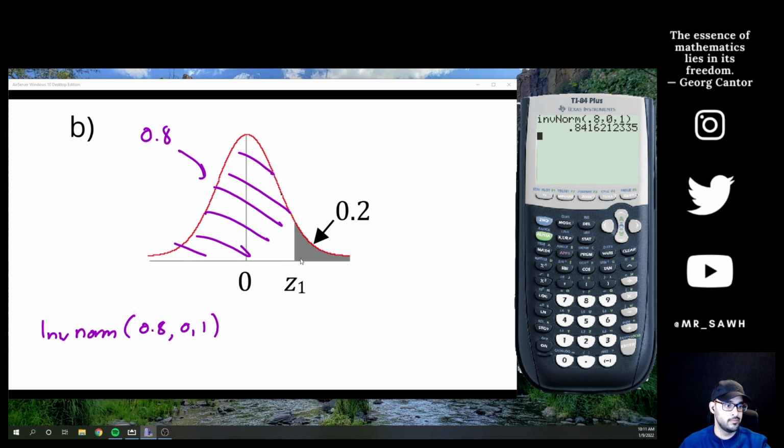It should be to the right of 0, 0.84. Right, if you got a z-score that was negative here, that should be a very big giveaway that you did something incorrectly, because with where your z-score is located in the picture, it's on the right side of 0. Okay, so that's a nice double check in there too.